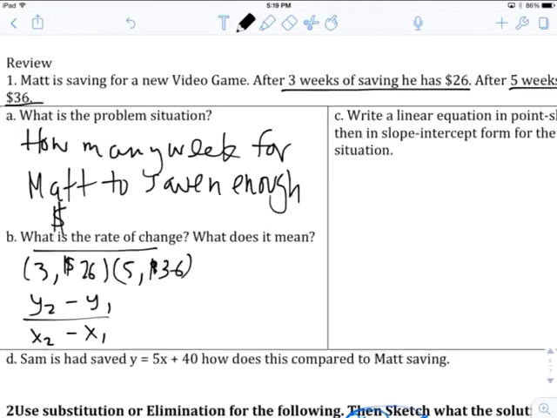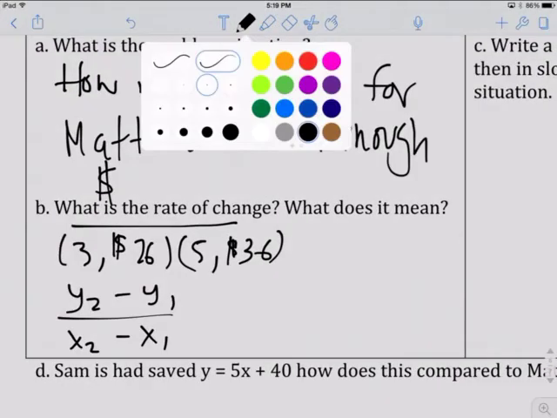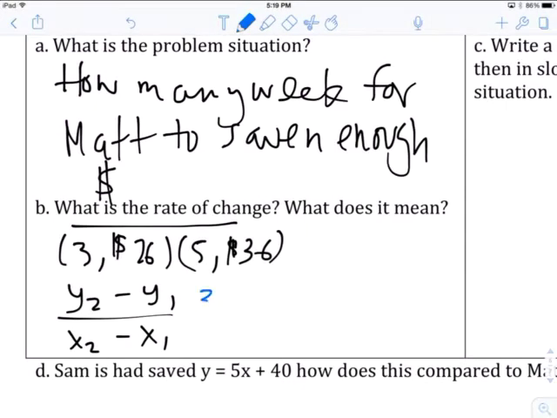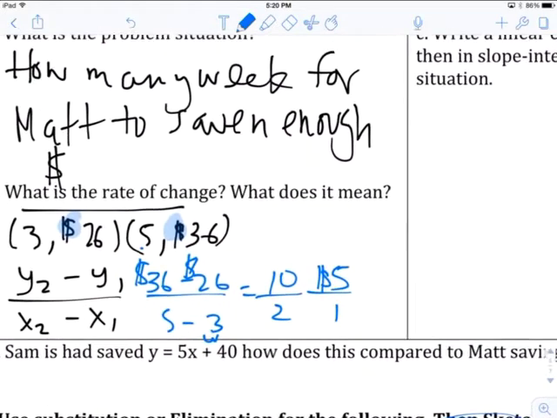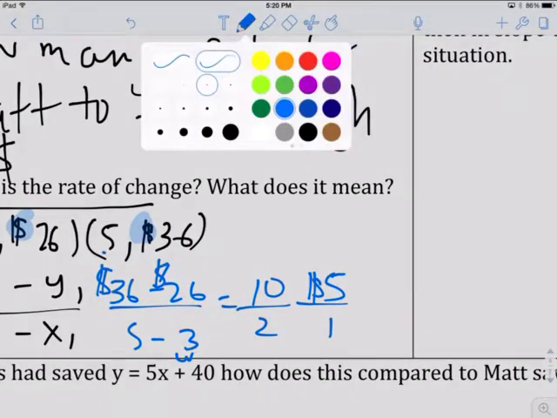You get 36 minus 26 over 5 minus 3, which is 10 over 2, $5. These are dollars right here, $5 for every, these are weeks, 1 week. So Matt saved $5 a week, and that's what it means.